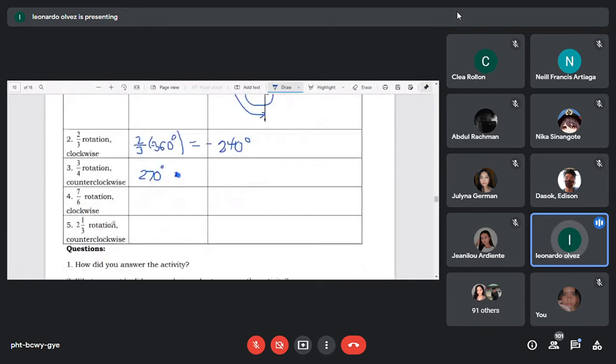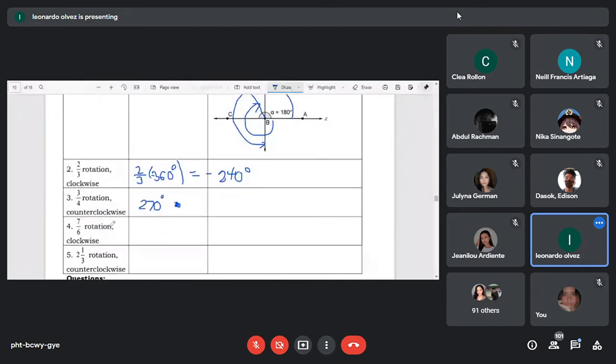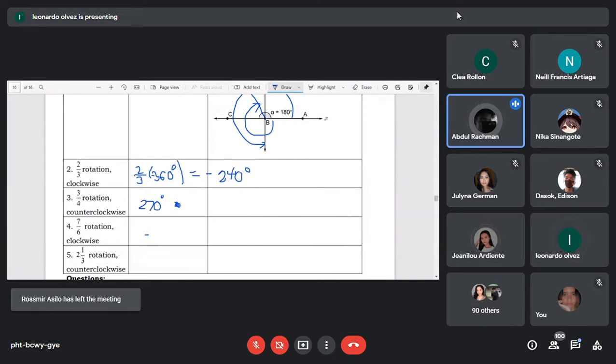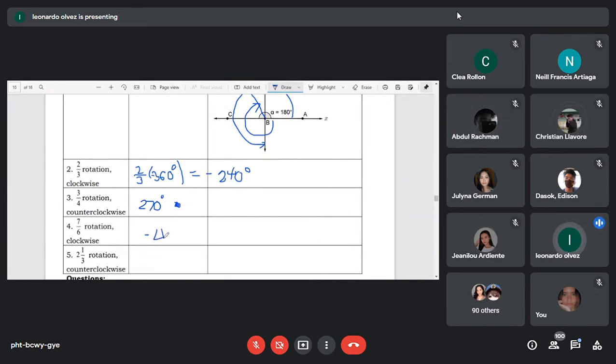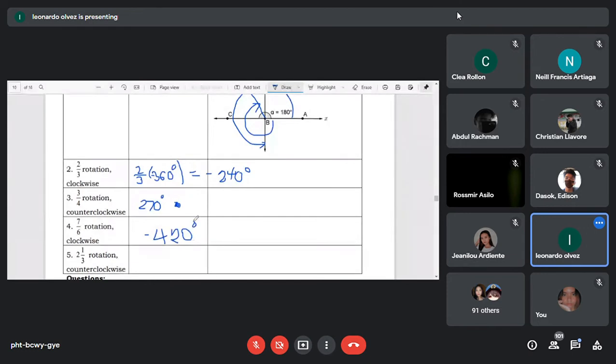What about number 4? Seven-sixths rotation clockwise. That is negative 420 degrees. Where is the terminal side?